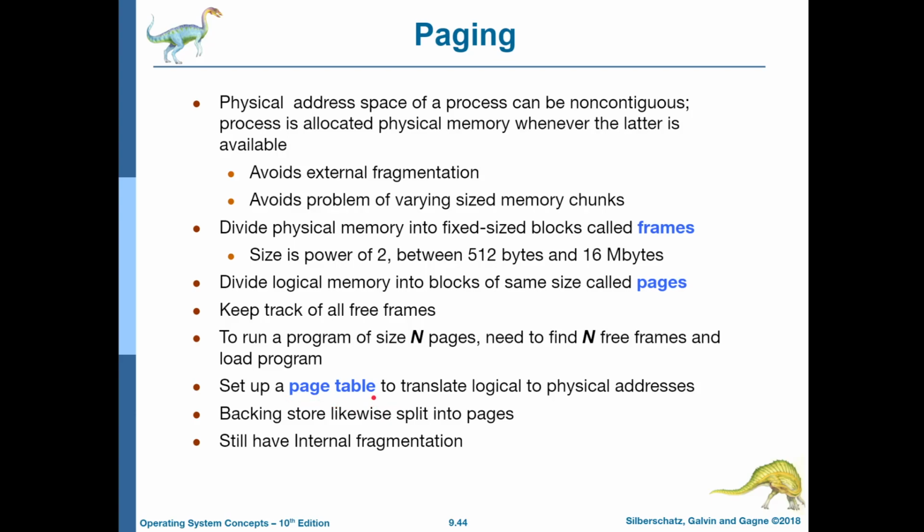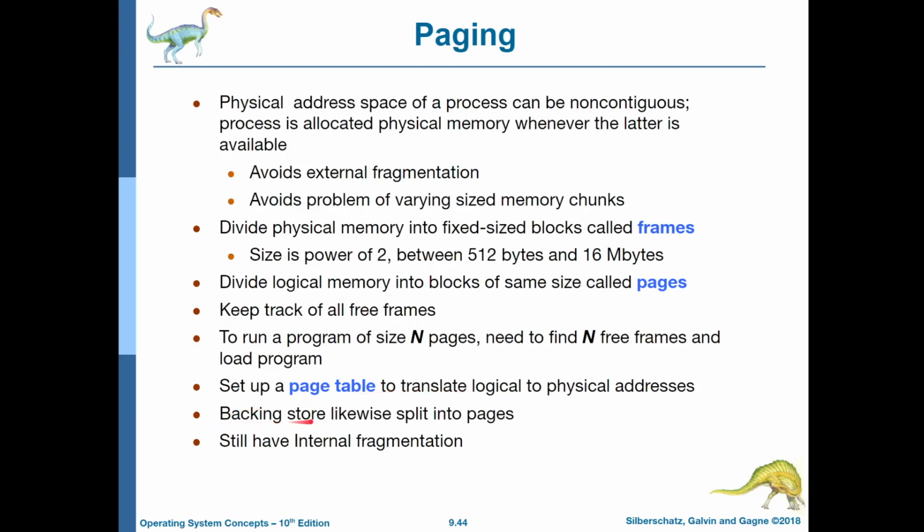And that page table identifies where a particular page is located within a frame of physical memory. So it helps translate logical to physical addresses by translating logical pages into physical frames.